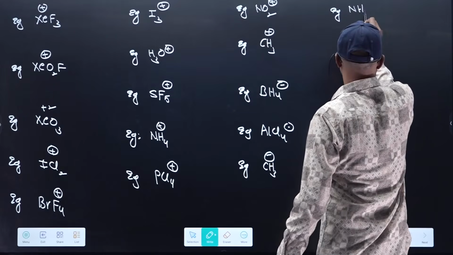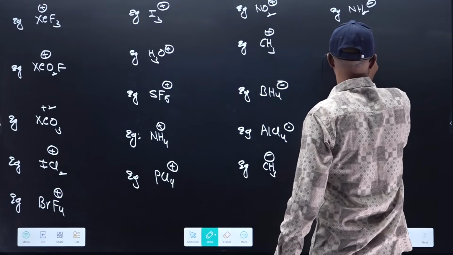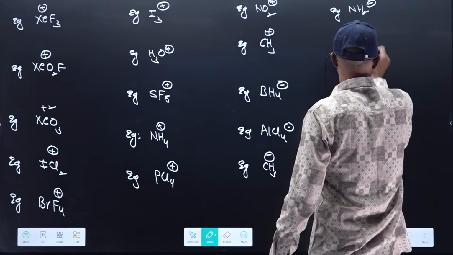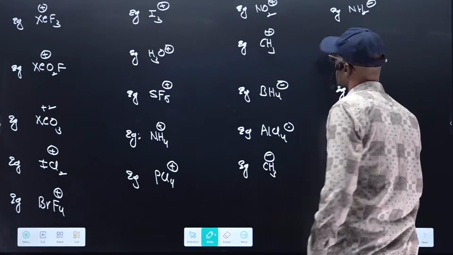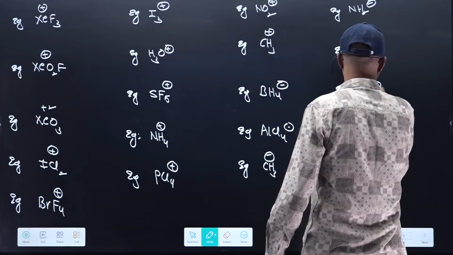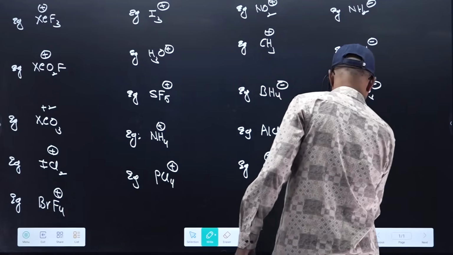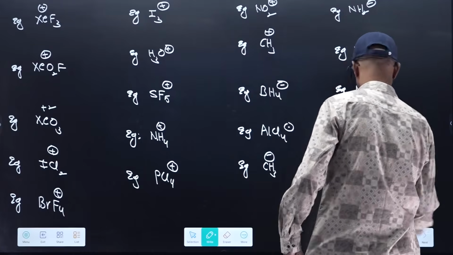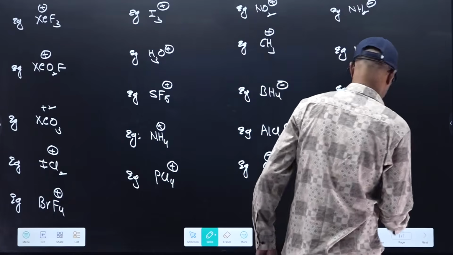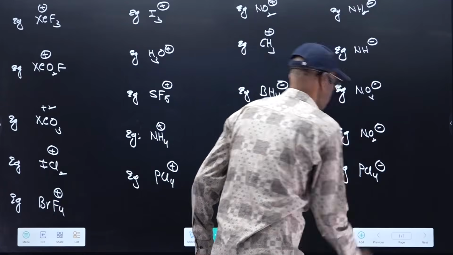So NH2 minus amide, and this is imide NH minus. Okay, you know NO3 minus 1 comes from nitric acid, NO2 minus 1. PCl4 minus.